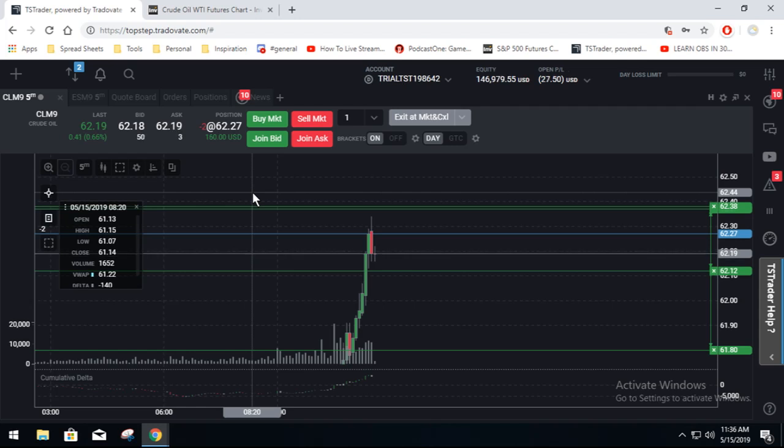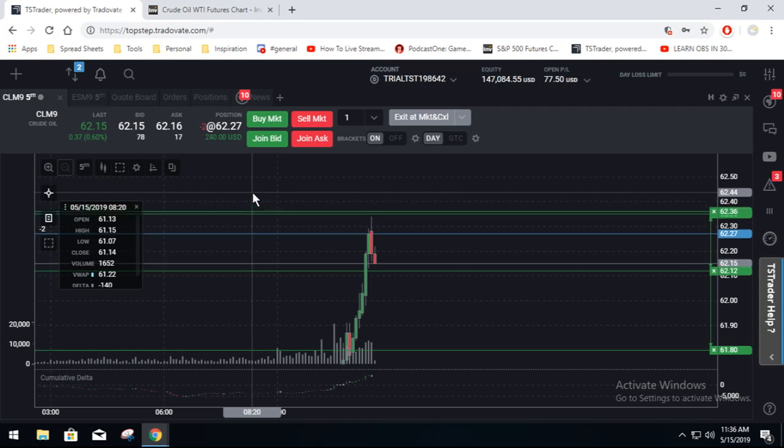Hopefully I'll be able to leg out of one of the oil, which will make me safe. And chill until I get stopped out, looking for the 6180s close at the close of the day.